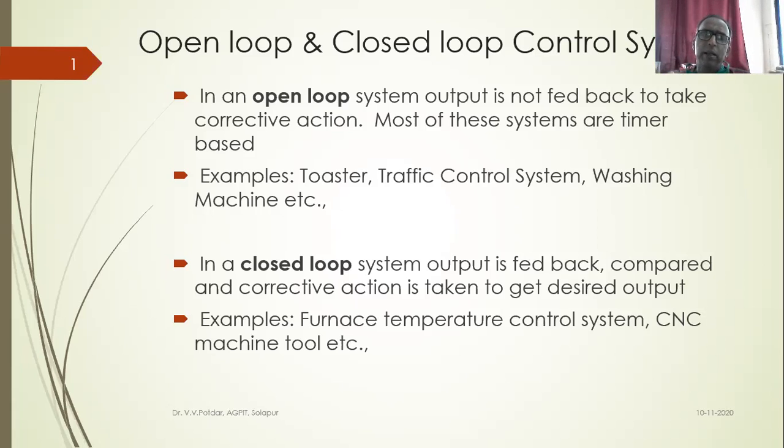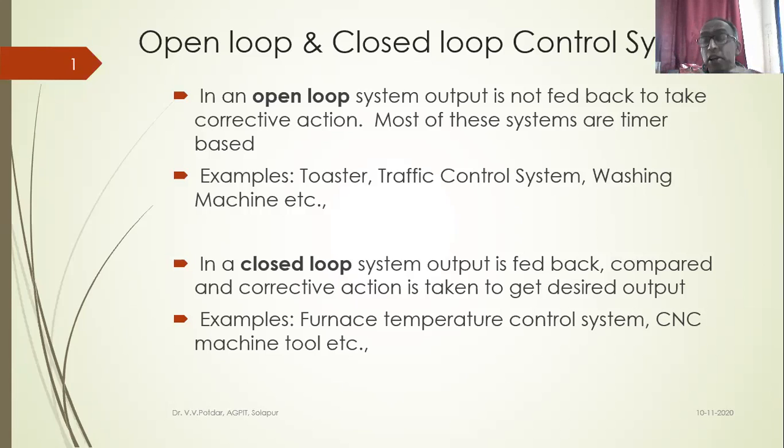For fresh bread, keep the timer of the toaster for maybe 3 minutes. For older bread, keep it for 2 minutes. So it all depends on the rigorous experimentation that I do. But the toaster on its own is not assuring me that I'll be getting the crisper, crunchier, and brown tinged toast, so to say. So this is the open loop system.